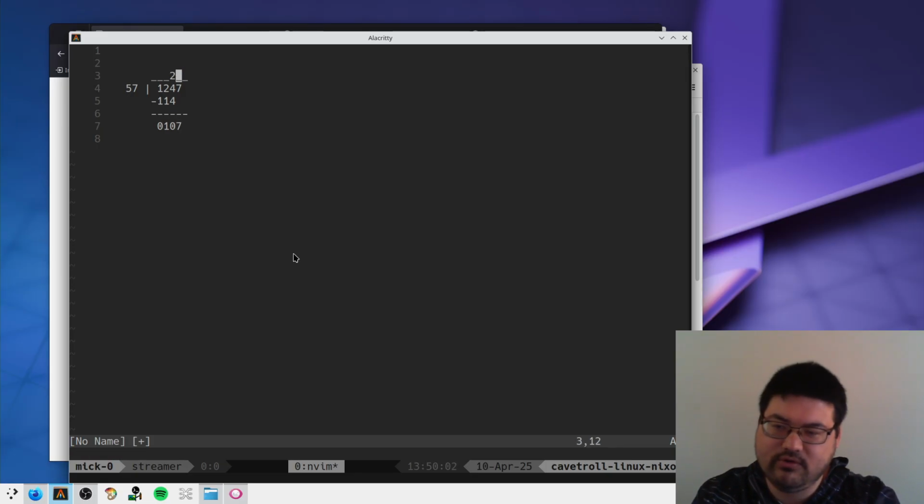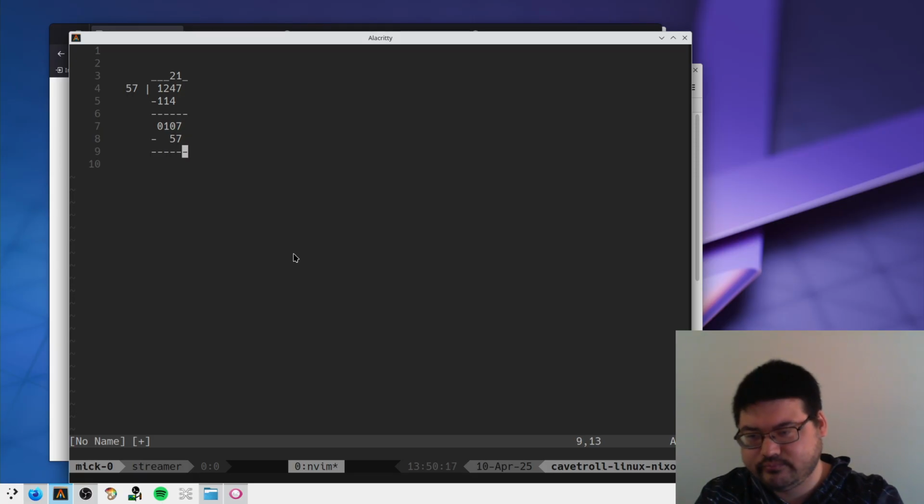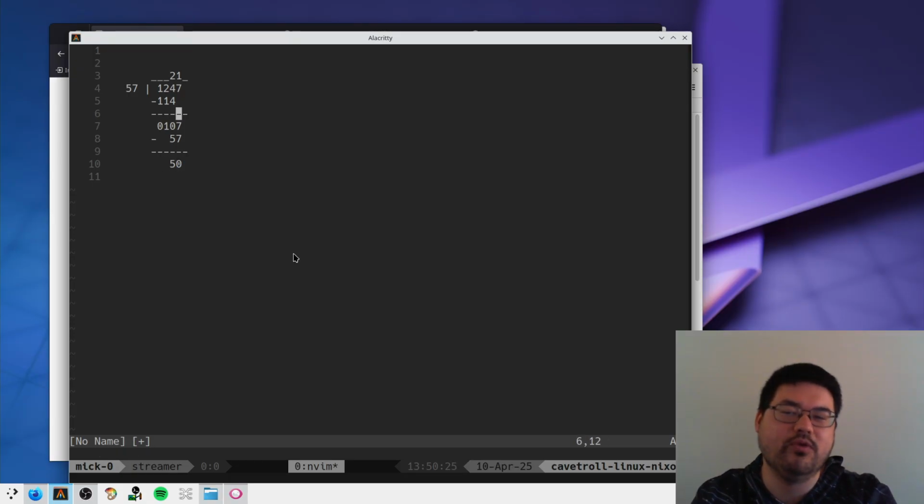And then how many times does 57 go into 107? Probably twice? Once? So you do 57 here, subtract, and at the end you get 10 minus 5 is 5, 0. 50, so 21, remainder 50.